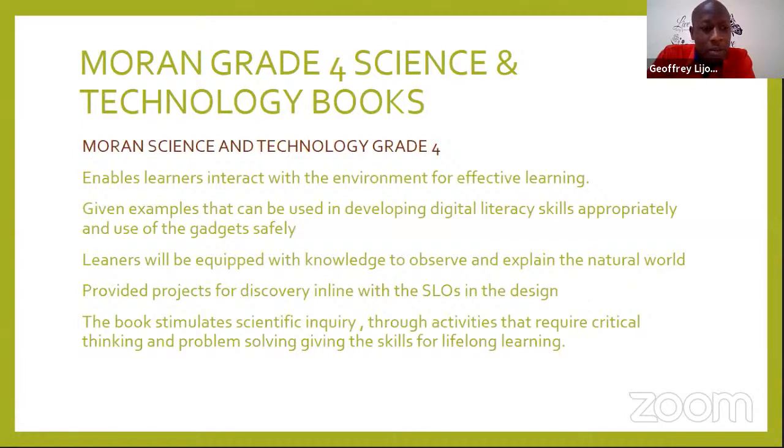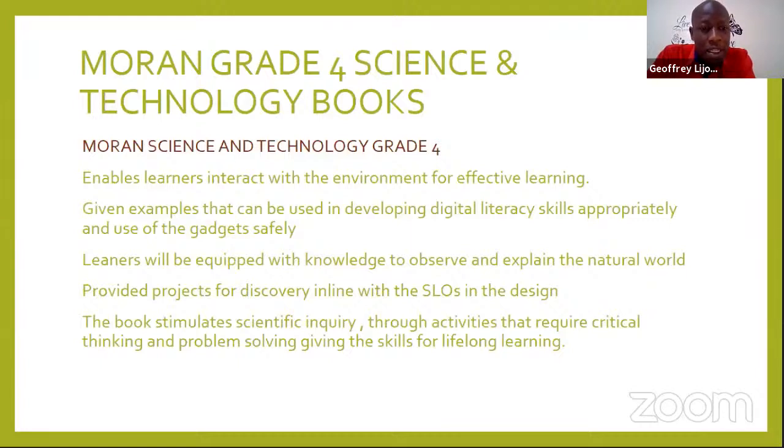Next, you find that in the Moran Science and Technology grade 4, we've given examples that can be used in developing digital literacy skills appropriately and use of the gadgets safely. We know once we give the learners the gadgets, we have to give them guidance on how to use them safely, because if we don't give them that information, they might be misused.